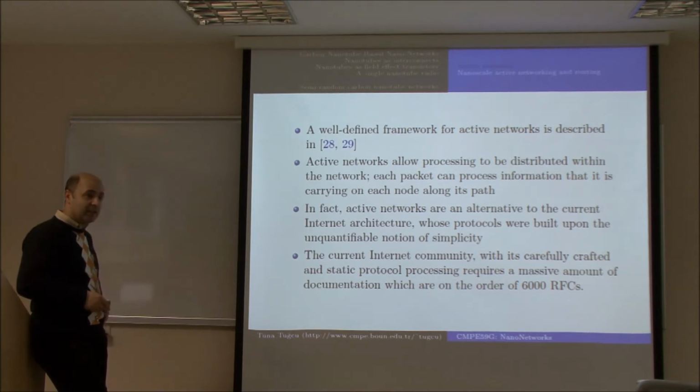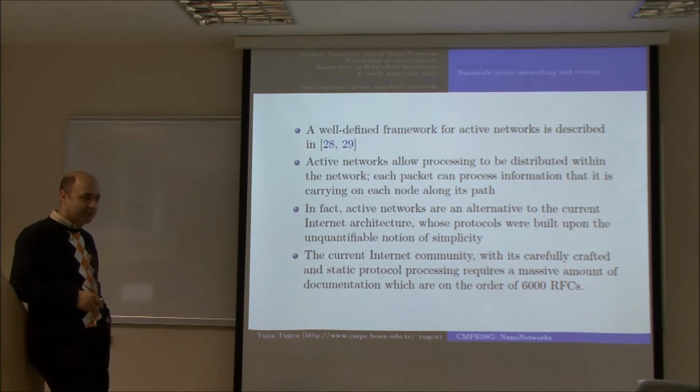So active networks actually are an alternative to the current internet architecture. Actually, this is under debate. There are, of course, supporters of active networking and also people who are against active networking. But the current internet architecture has the protocols that are built upon the unquantifiable notion of simplicity.